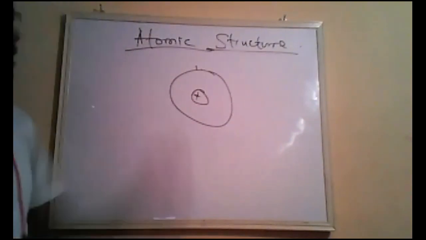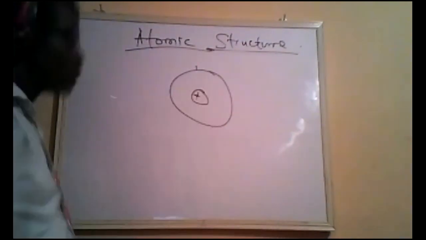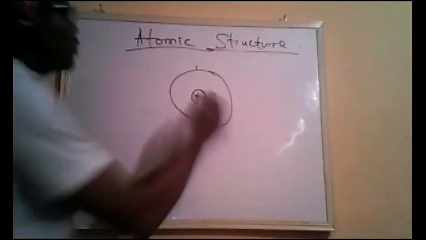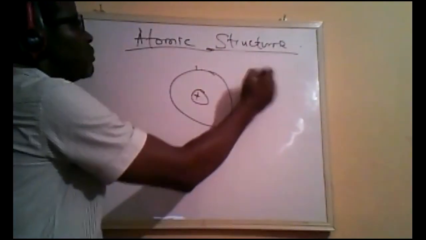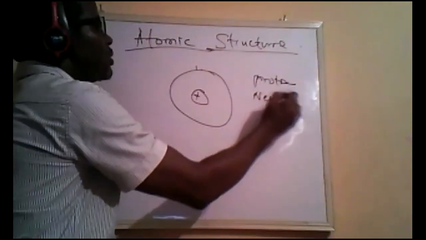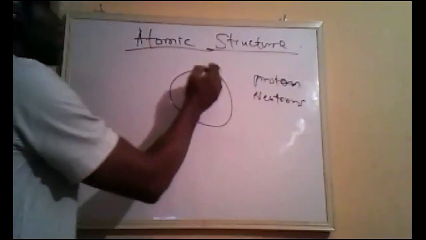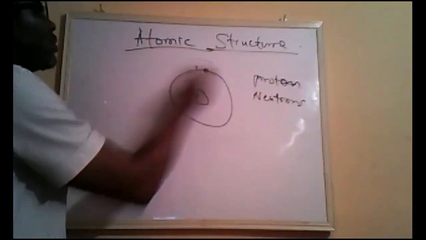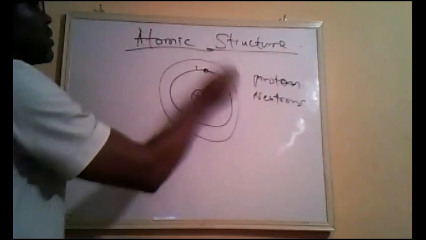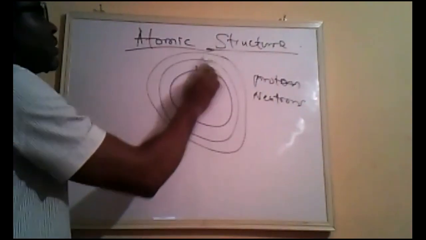So today, so many things we know are based on this model: inside the atom we have a nucleus, and the nucleus is made up of protons and neutrons. Then we have so many shells, which we call shells or energy levels.